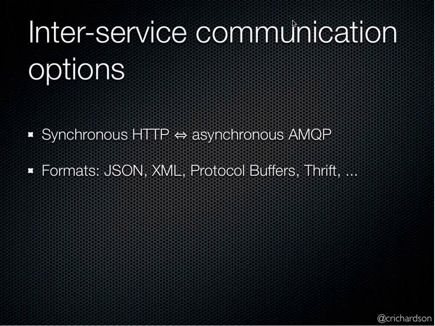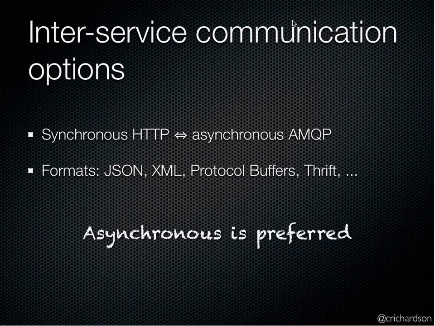And then in terms of message formats, there's a lot of choices. You could use JSON, you could use XML. Text formats are nice because humans can read them. Or you could use a binary format like protocol buffers or Thrift. So lots and lots of options out there. You could say there's a preference these days towards building asynchronous message-based systems, for reasons I'll go into in a minute.